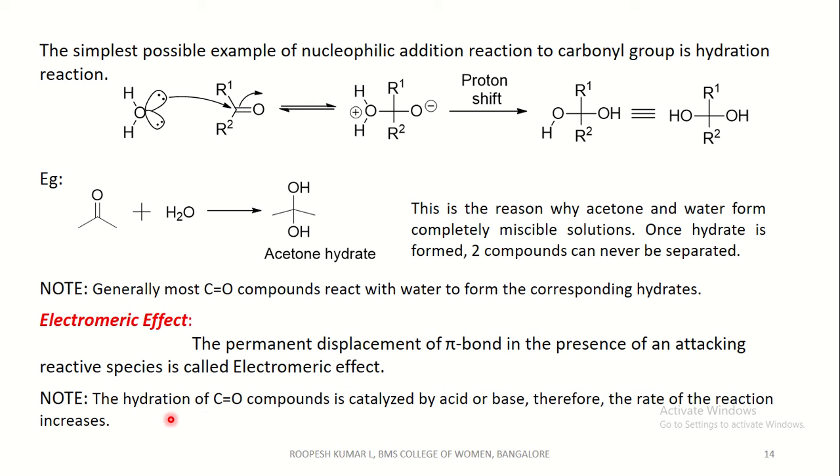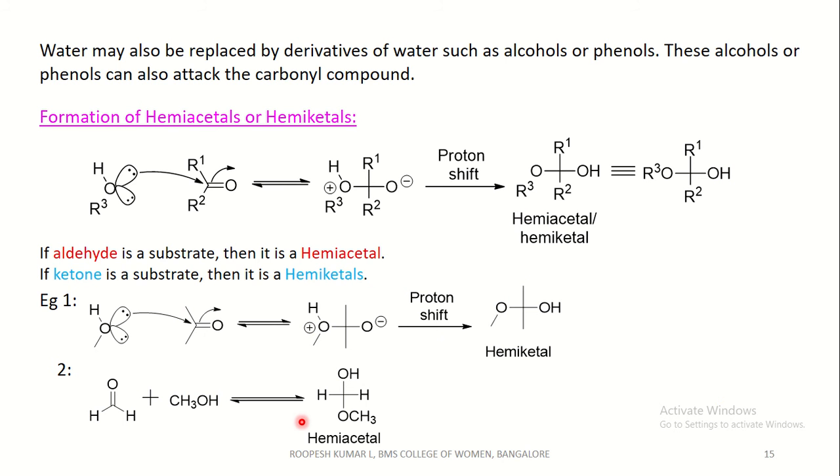And even the hydration of carbonyl compounds is the best example for the electromeric effect. Water may also be replaced by derivatives of water such as alcohols or phenols. These alcohols or phenols can also attack the carbonyl compound.